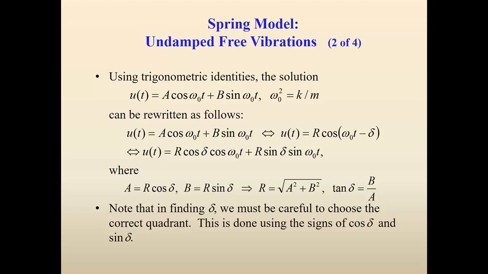R is going to be, if you notice, the square root of a squared plus b squared. So once I determine what my coefficients are from the initial conditions, I can simplify it down to a single cosine term using the reduction formula, which is kind of built off of the sum difference formula for cosine.